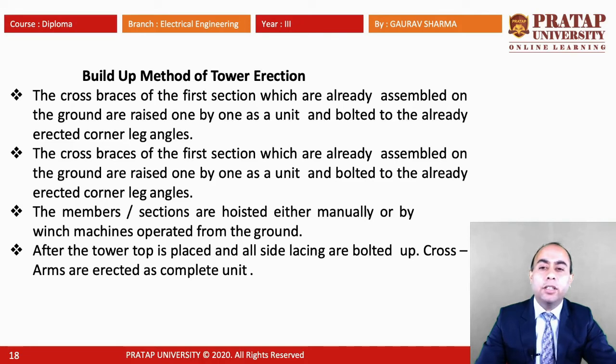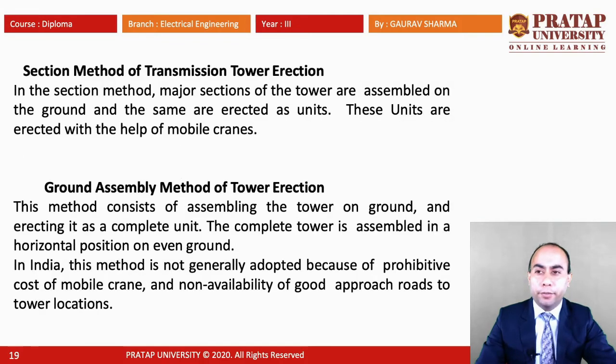The members or sections are hoisted either manually or by winch machines operated from the ground. After the tower top is placed and all side lacing is bolted up, cross arms are erected as a complete unit.